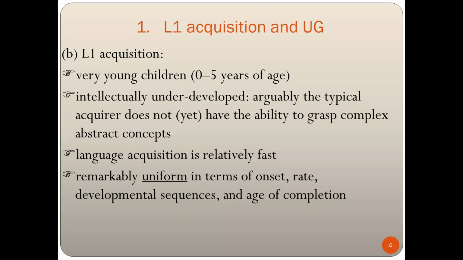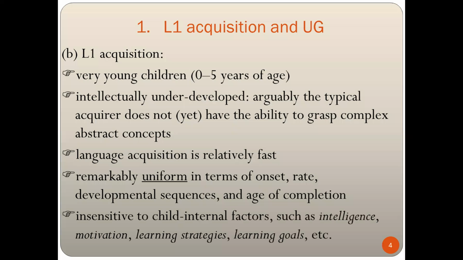What it means in practical terms is that all over the world, regardless of sometimes considerable economic, cultural, geographical and social differences, all normal children start their language acquisition at the same age, proceed at approximately the same rate, go through approximately the same developmental sequences, and most normal children complete the process by the age of 4 or 5 at the most.